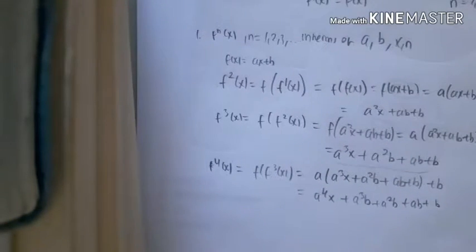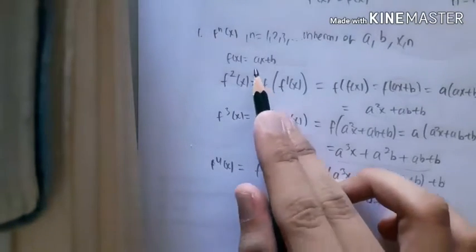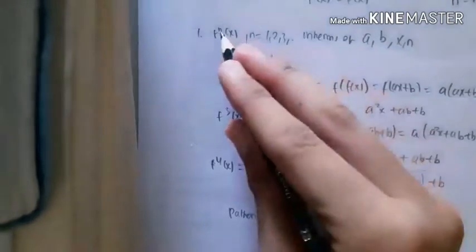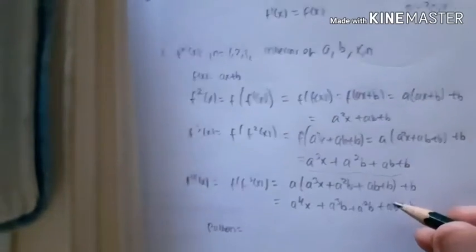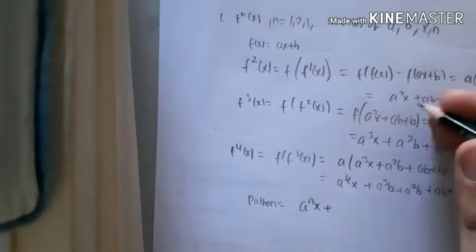By this time, we know that this formation of pattern of ab to the a to the power n b is always increasing. So therefore, we cannot use direct pattern recognizing. The only thing that we can recognize is ax. We can say that the pattern for f to the power of n of x is actually a to the n x plus something, right?